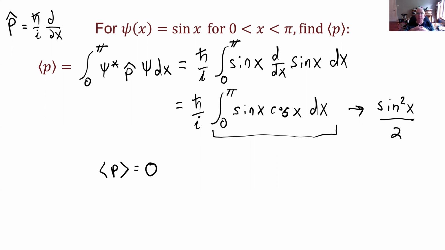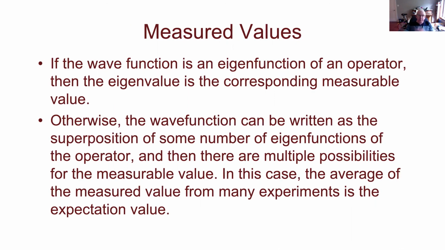Because if the wave function is an eigenfunction of the operator, then every time I measure it, I'm supposed to get that eigenvalue. But this lets us predict what should be the outcome of measuring properties where the wave function is not an eigenfunction of that particular operator. So it's a powerful tool for predicting what should happen in actual measurements of these observable quantities, okay?